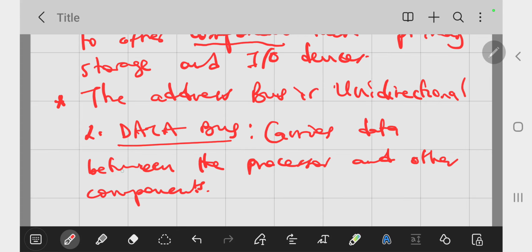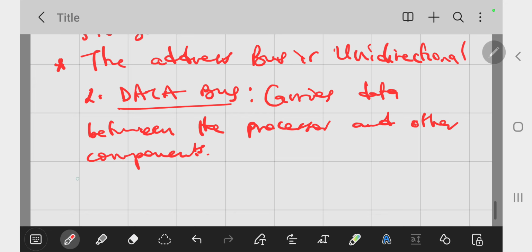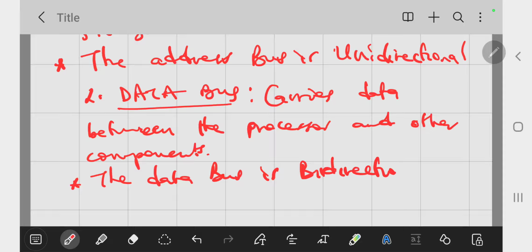Because we've used the word between, we should be able to have an idea that it can go back and forth. So unlike the address bus, we can say the data bus is bi-directional. It can go in both directions.